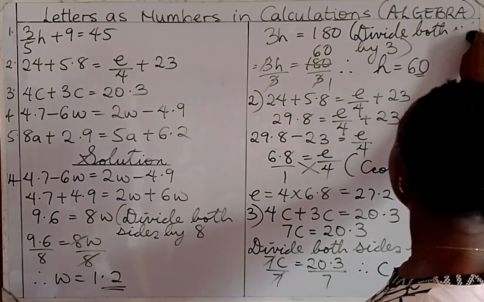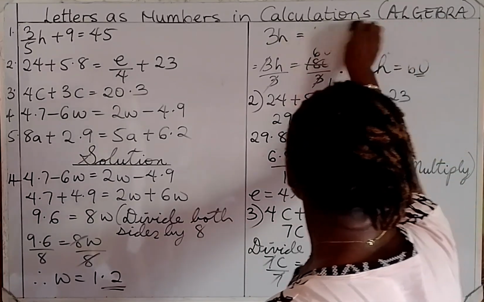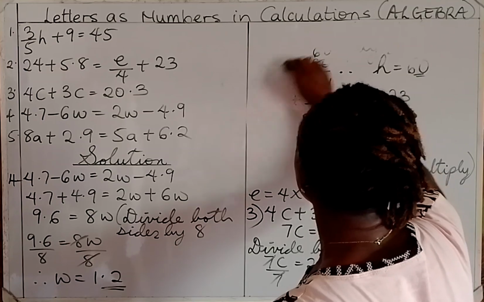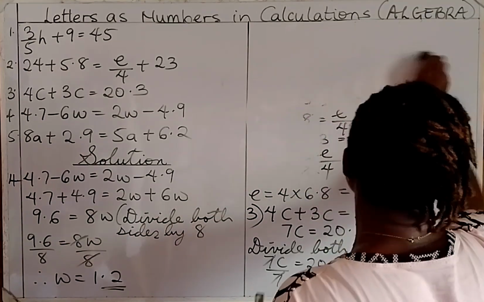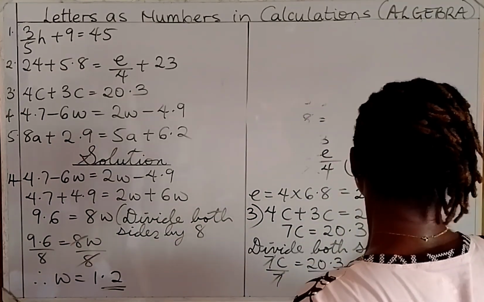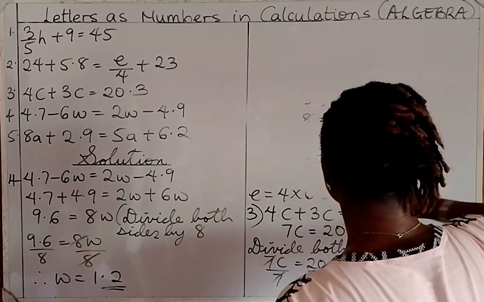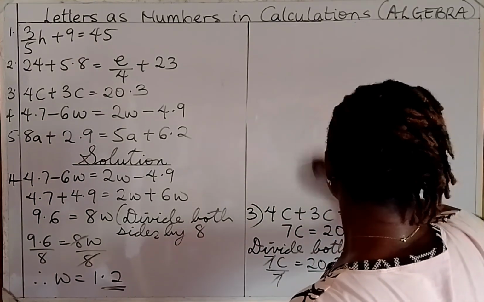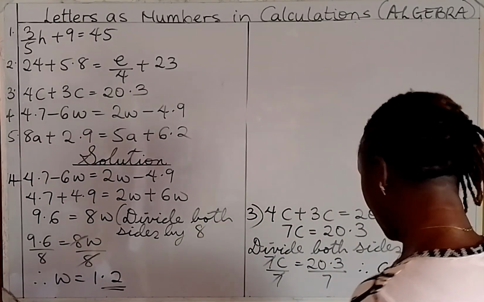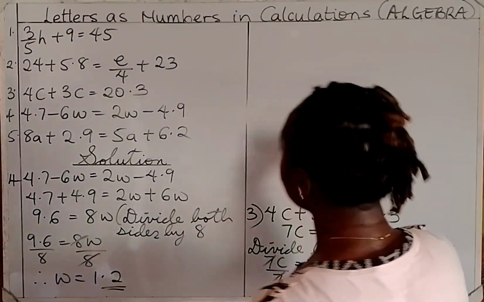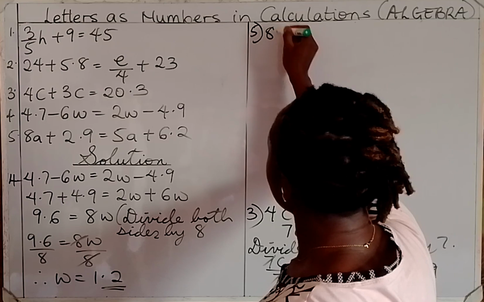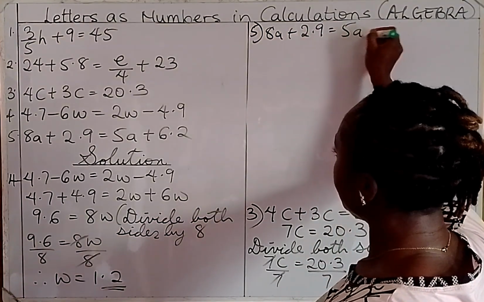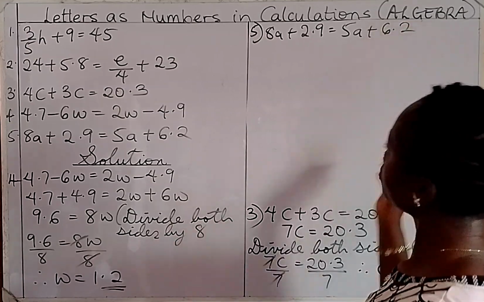Now, number 5, the last question. Okay, number 5, we have 8a plus 2.9 equals 5a plus 6.2.